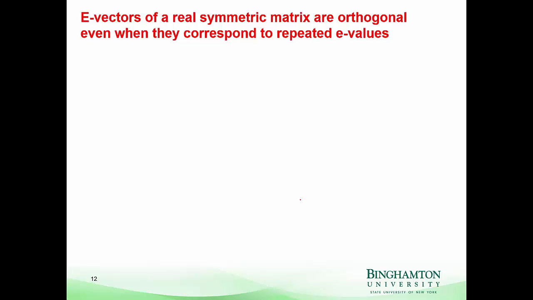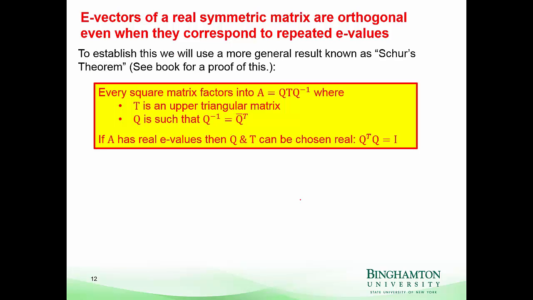So now let's deal with the repeated eigenvalue case. And as I said, as we were laying this out, we're going to address this using Schur's theorem. So this is a nice general theorem. We're not going to prove it. The book has a rough sketch of the proof.